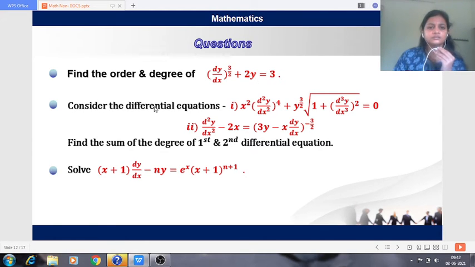Now come to the second question. The second question is: consider the differential equations.